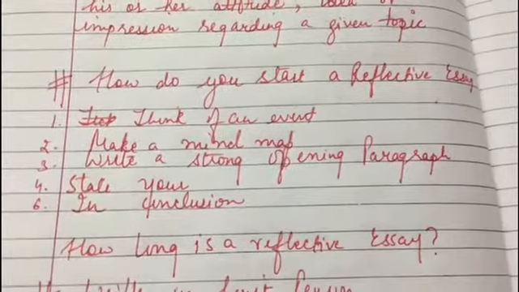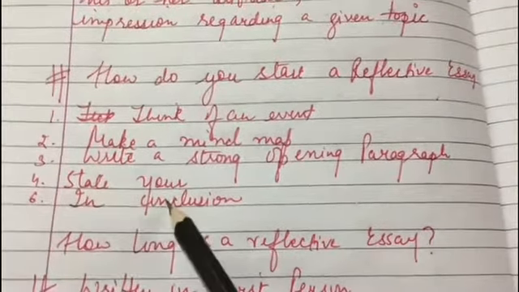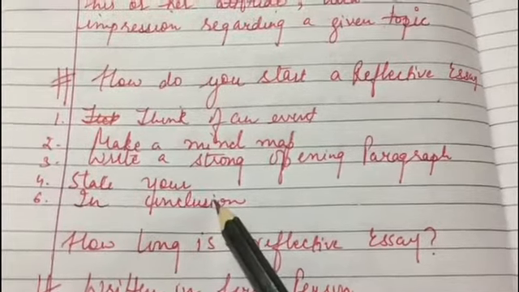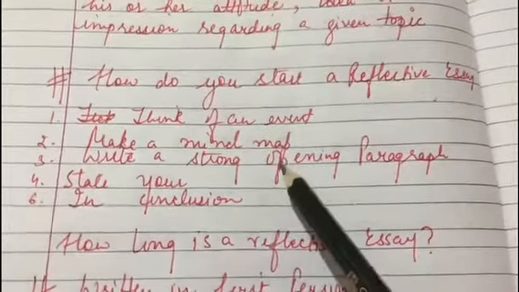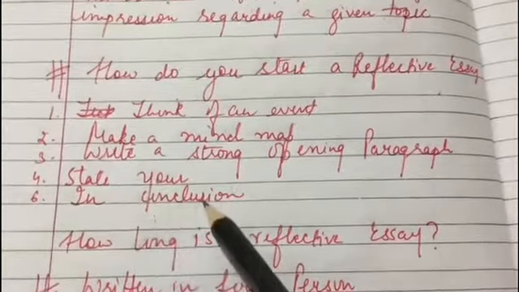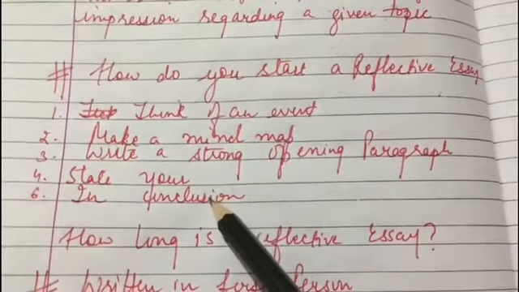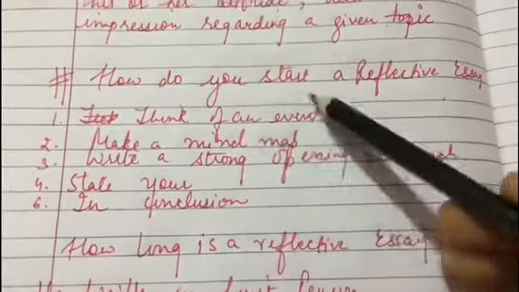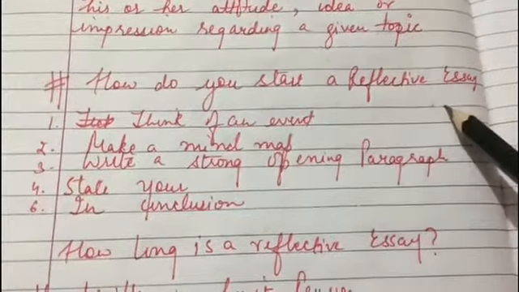Then state your supporting arguments, ideas, and examples in the body paragraphs. After that, in the very first statement of the conclusion, briefly summarize all your thoughts. That is how you have to start a reflective essay.